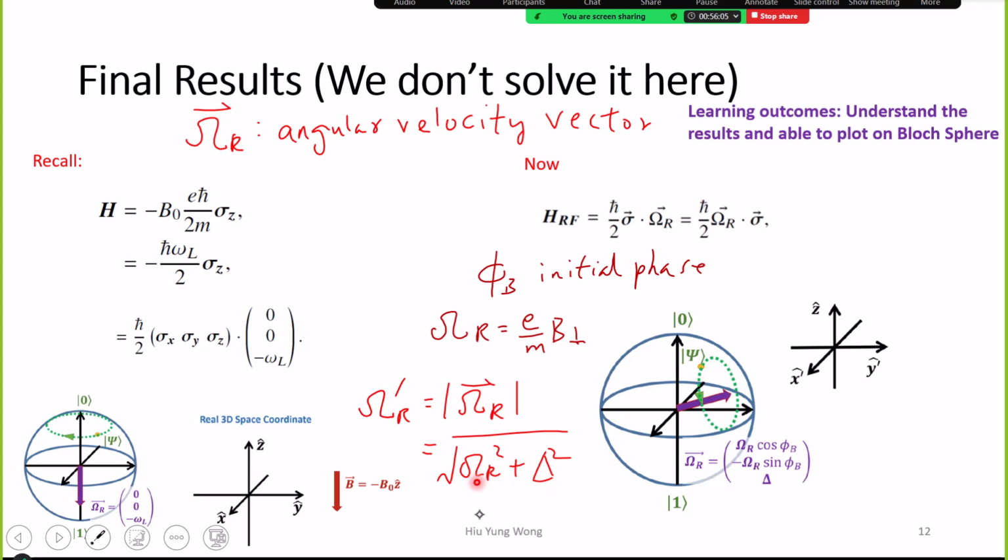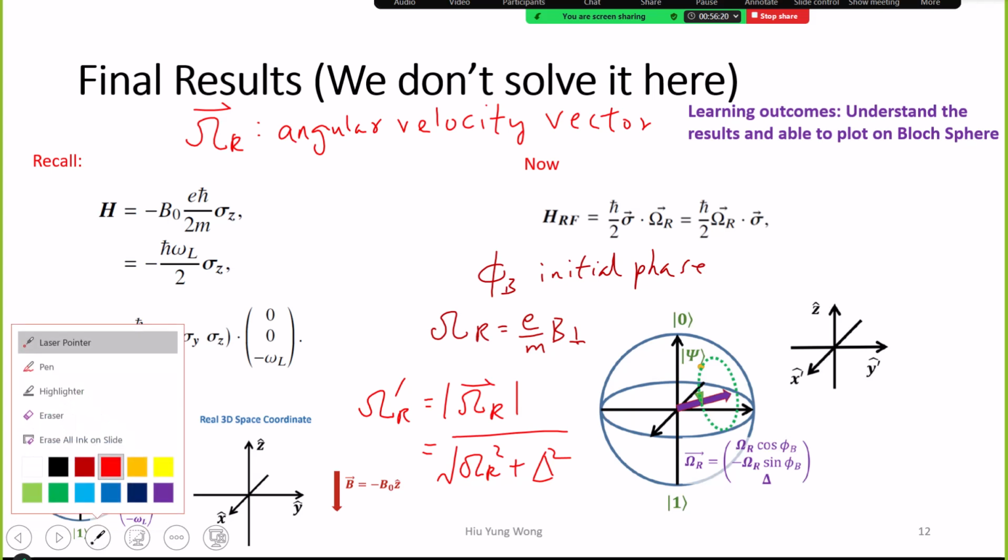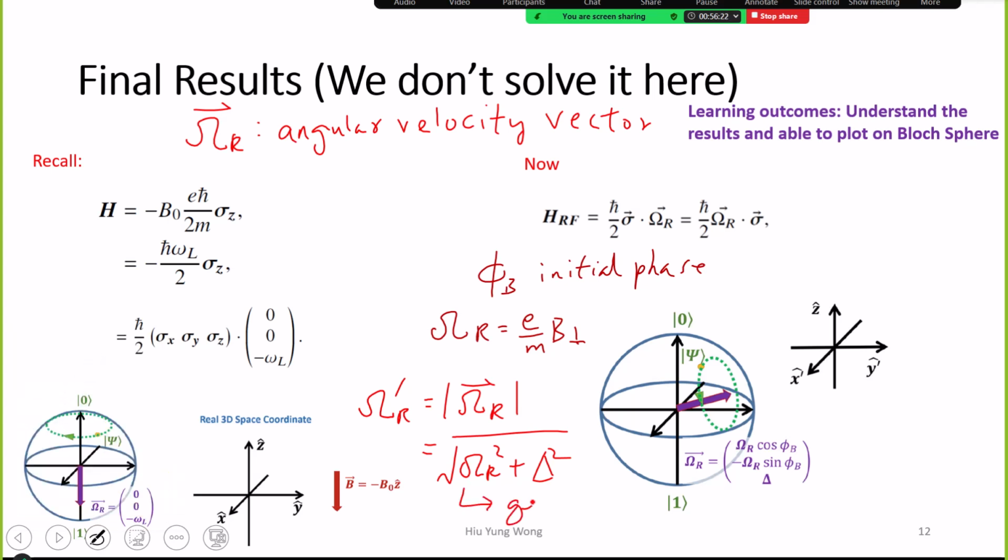So I have omega r squared plus delta squared. Just trying to say that if your detuning is not 0, your effective Rabi frequency, I think it's called the generalized Rabi frequency, is what you really get from experiment. It's not the Rabi frequency omega r, it's not e over m times b perpendicular. It is equal to this.